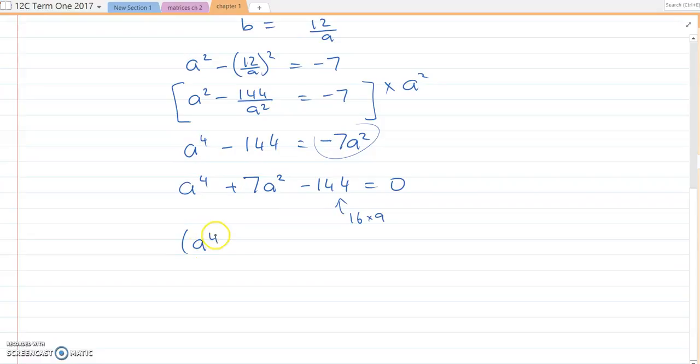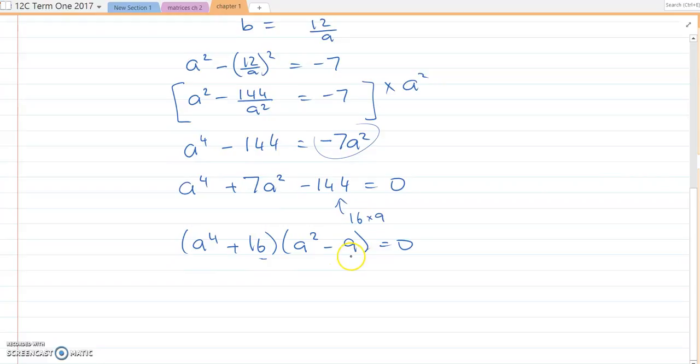So this factorizes to this, minus 9 equals 0.